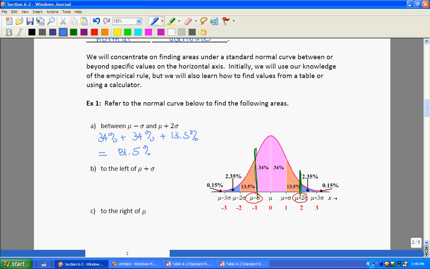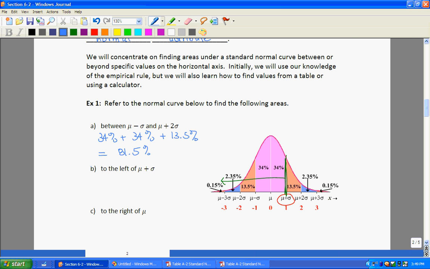Okay, take a look at B. To the left of mu plus sigma. Mu plus sigma is right here. And if we want to go to the left of that value, that means we want everything this way.